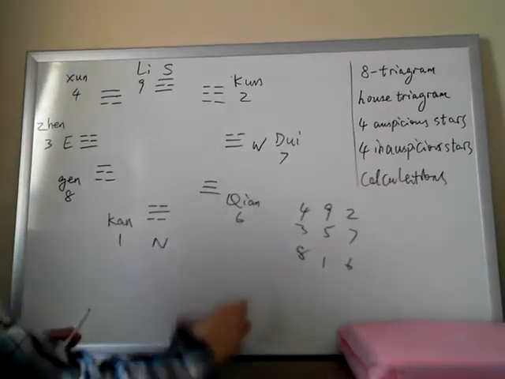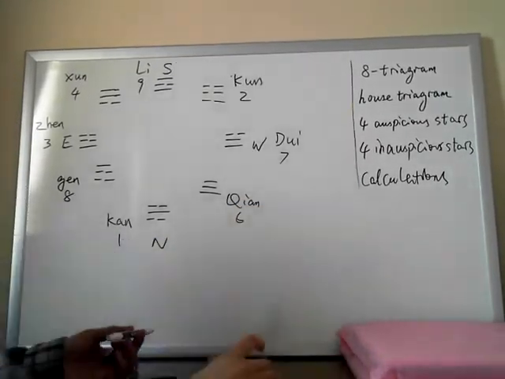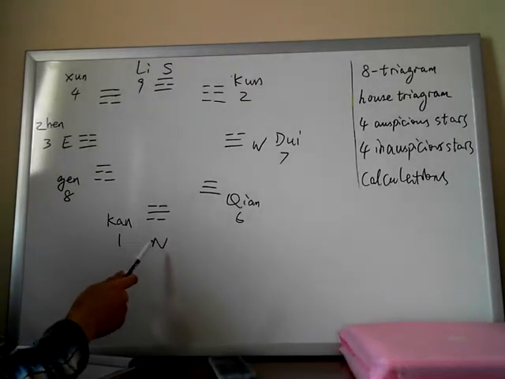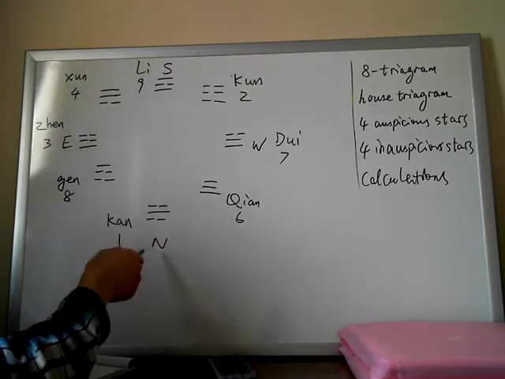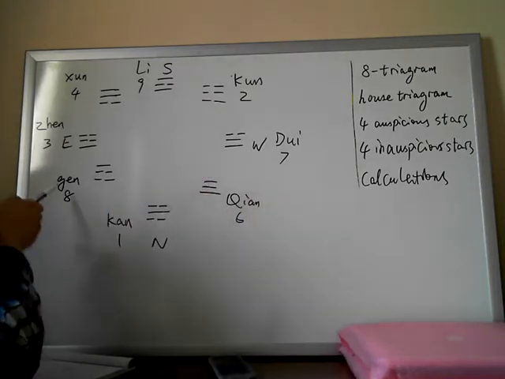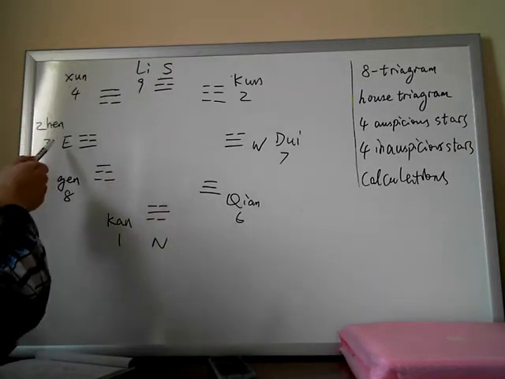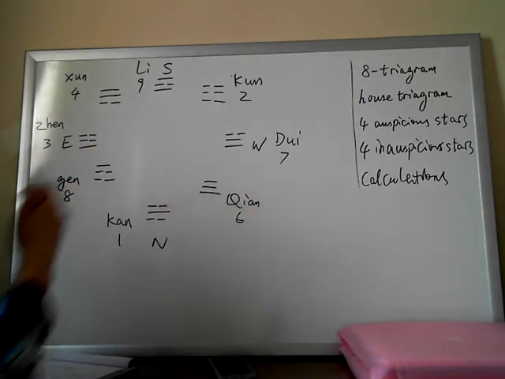That's how you assign the numbers to the trigrams. And each trigram is also associated with a direction. For example, Qian is, you see, northwest, and Gen is northeast, and Xun is southeast, and Kun is southwest.